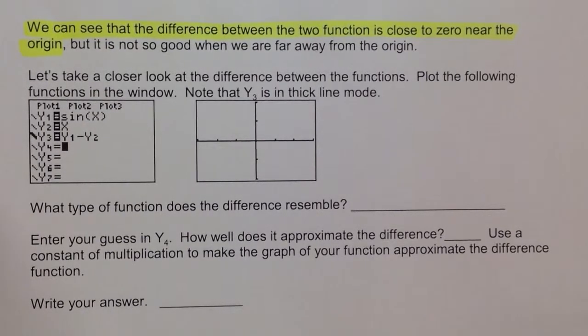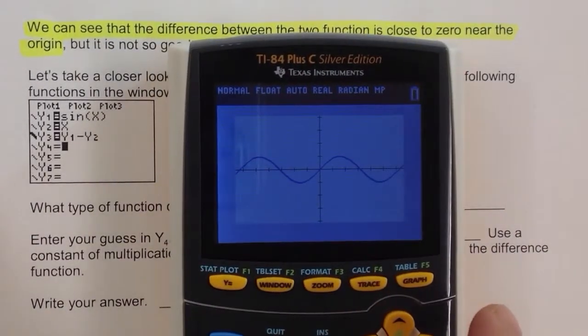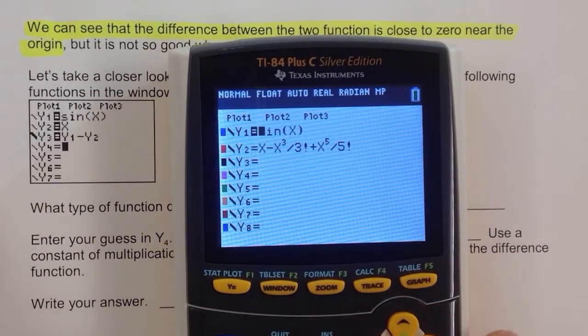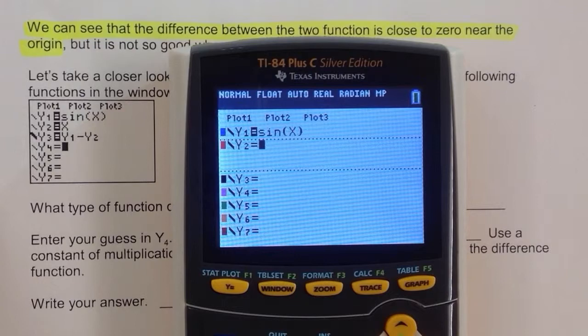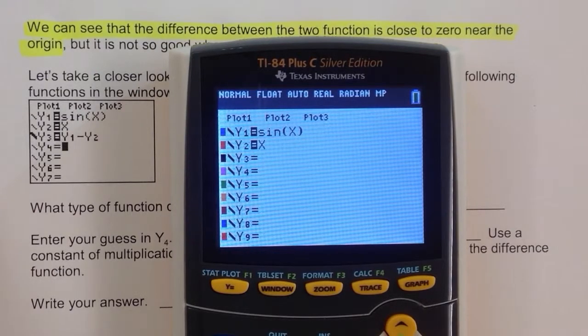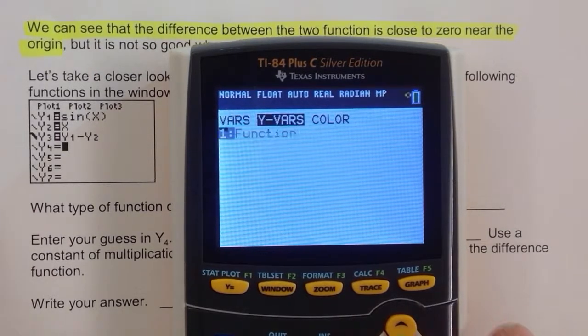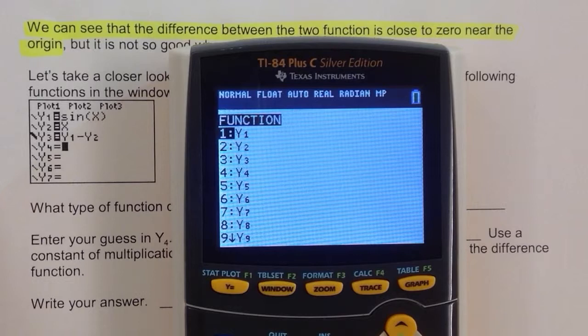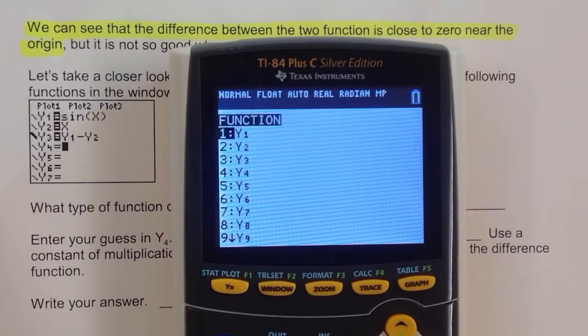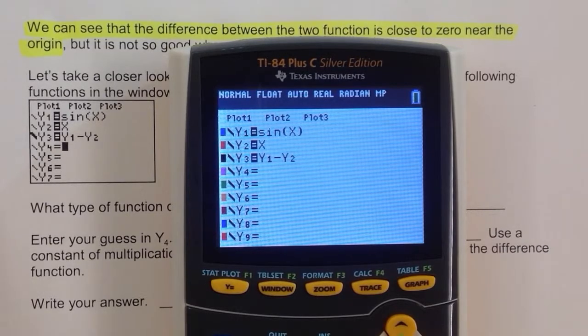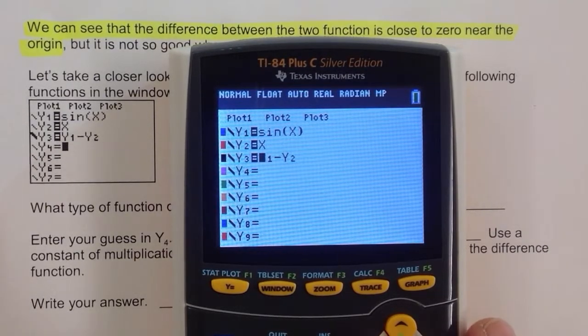So let's set up y1 equal to sine of x, and then y2 equal to x. And then let's define y3 to be y1 minus y2. So y3 is going to show us the difference between the two.